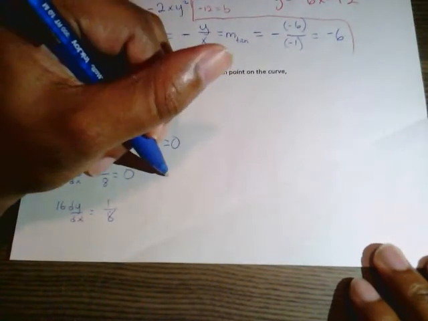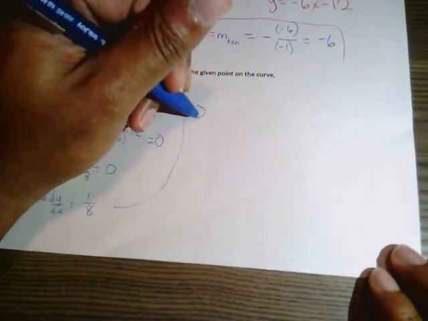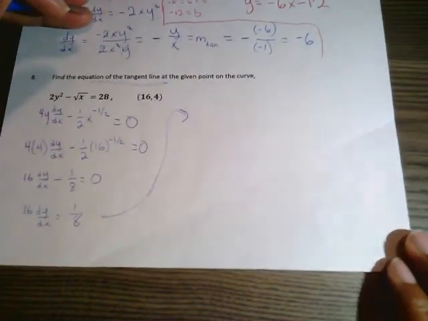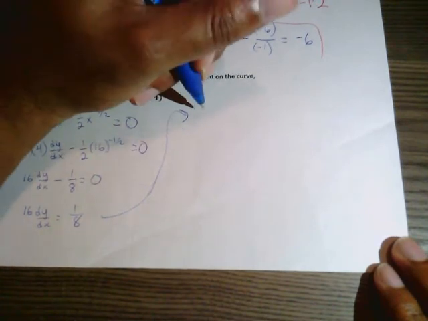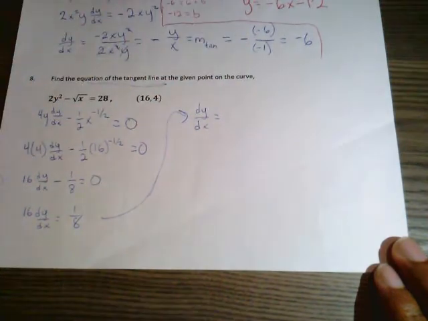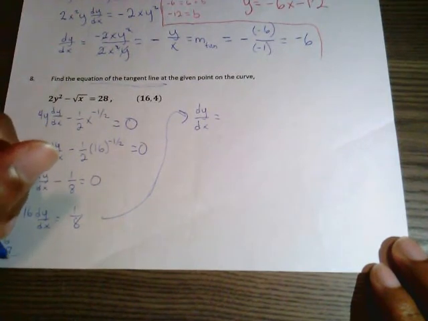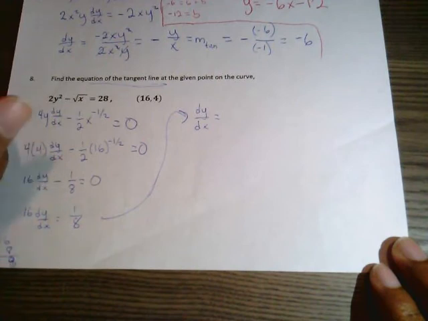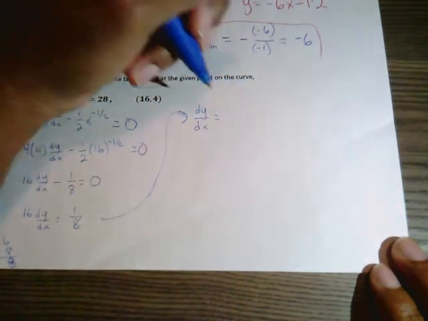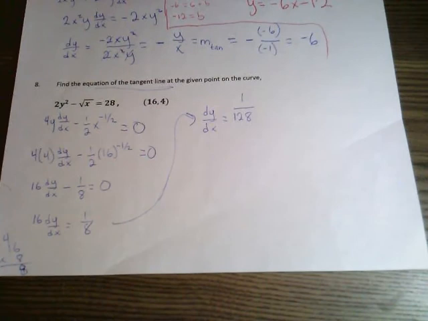We get dy/dx equals 1/8 times 1/16, which is 1/128.